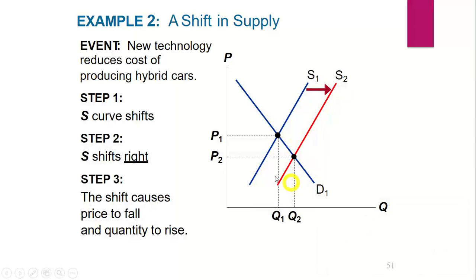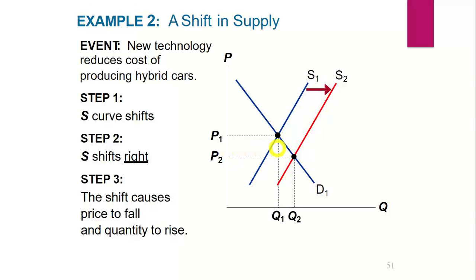You can see this phenomenon through this diagram as well. If the cost of producing cars decreases from P1 to P2, then suppliers are willing to supply more cars.